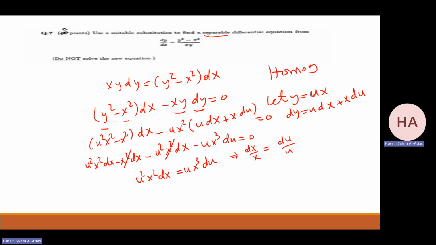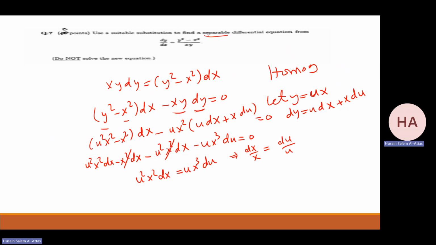Did they do any mistake? x y dy equals this. So I have (y squared minus x squared) dx minus xy. I put y equal ux. I have u squared x squared minus x squared dx, minus x times ux, u x squared times (u dx plus x du).